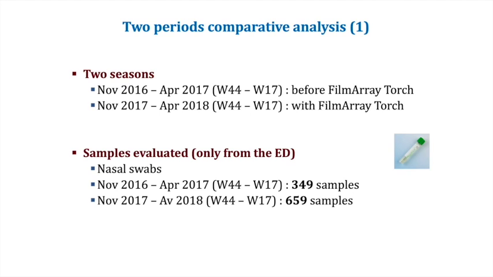Concerning the samples evaluated from the emergency department, it was only nasal swabs. And in the first period, we sent 249 samples, and in the second period, we sent 659 samples to the virology department.